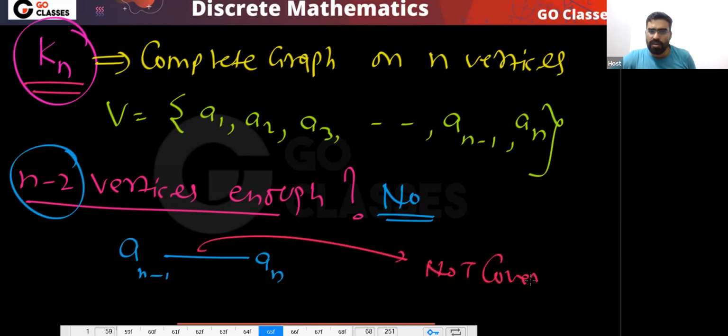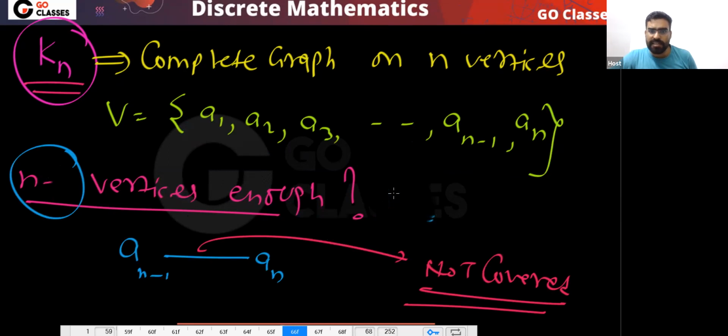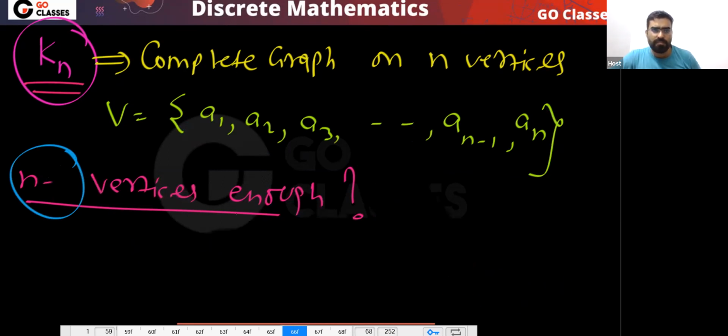So n minus 2 vertices are not enough. What about n minus 1? Yes, these are enough, because if you take n minus 1 vertices, now all the edges are covered.